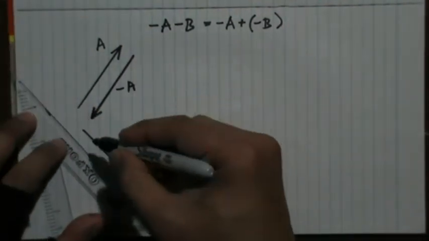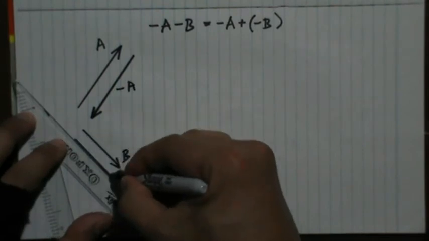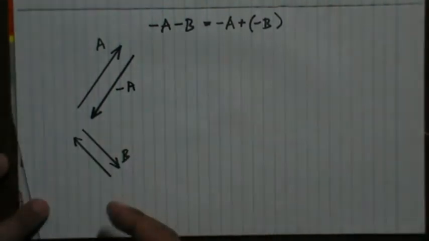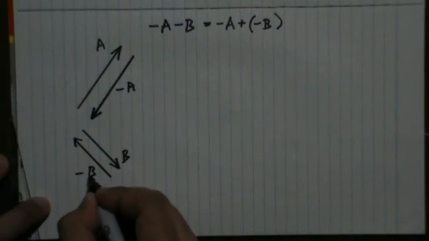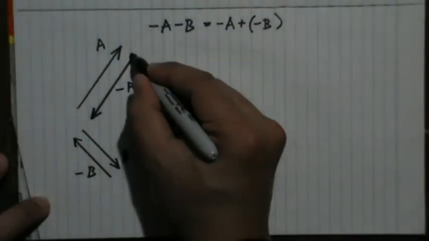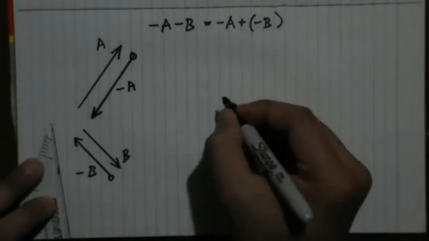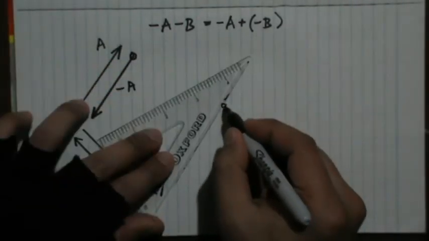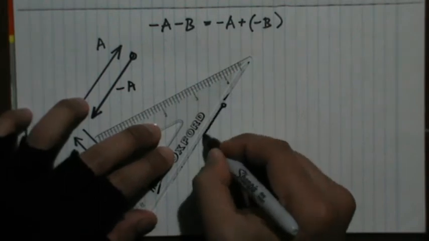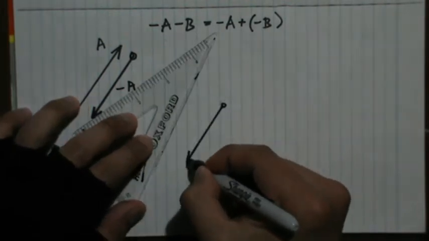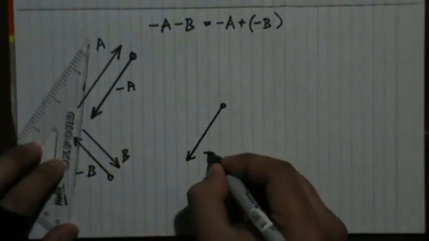Also the minus b vector here. So now we just add these two vectors, minus a and minus b, together. This is minus a, and you need to make sure that this is parallel with that one, and that's minus b.